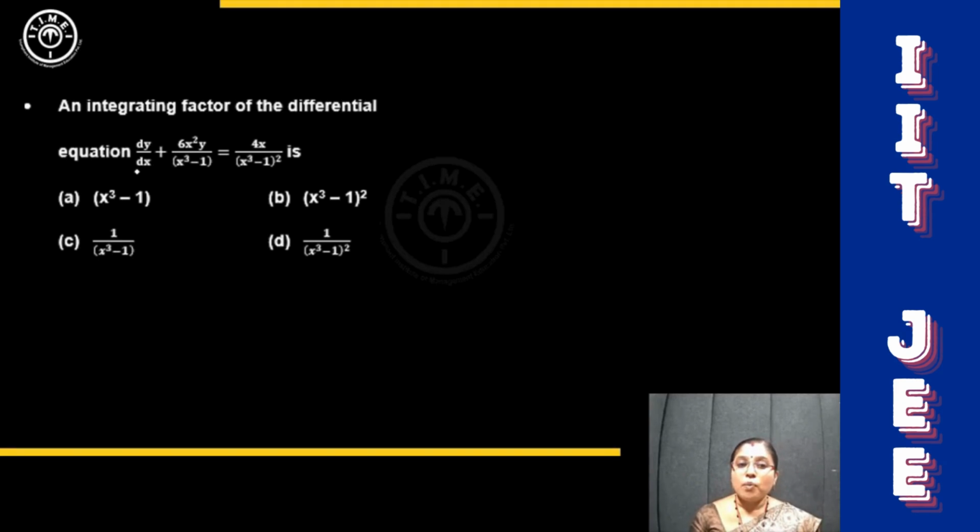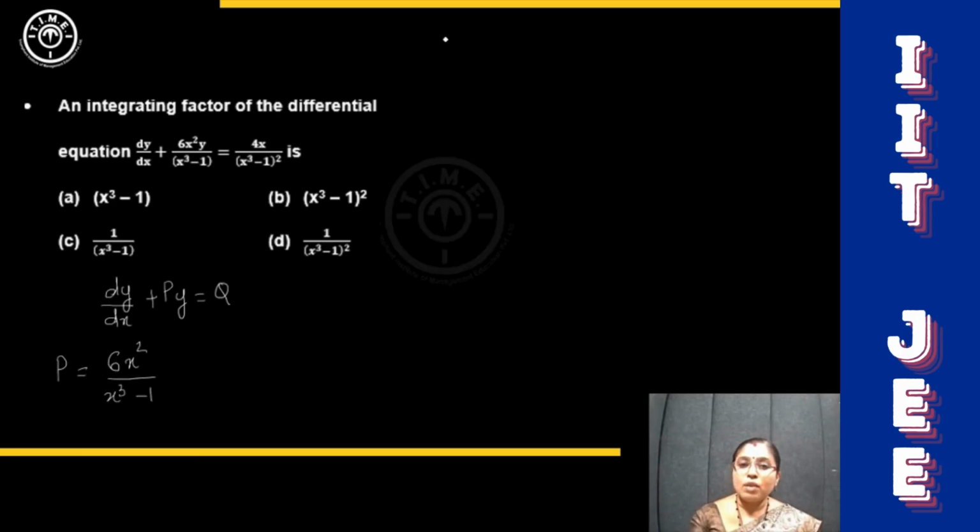So here when you compare this given equation with dy by dx plus py equal to q, we can see that p is equal to 6x square by x cube minus 1. So we can find out the integrating factor using this p.